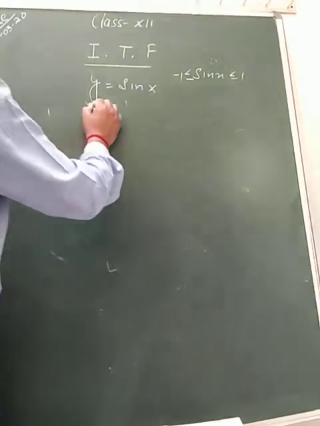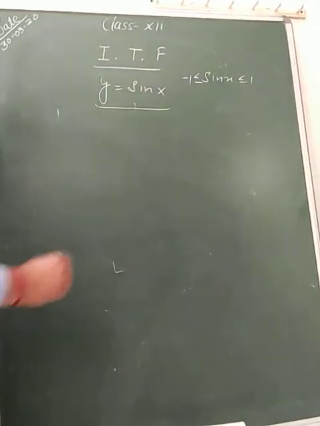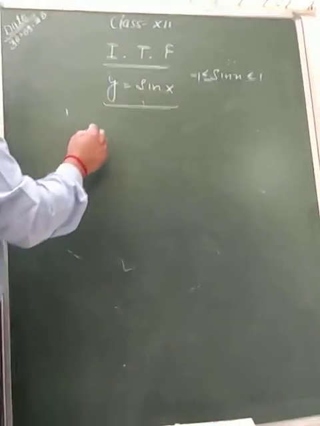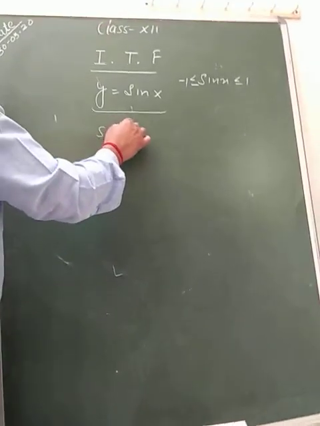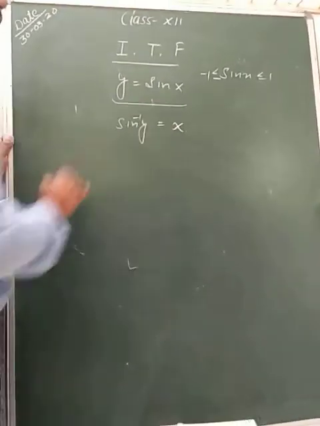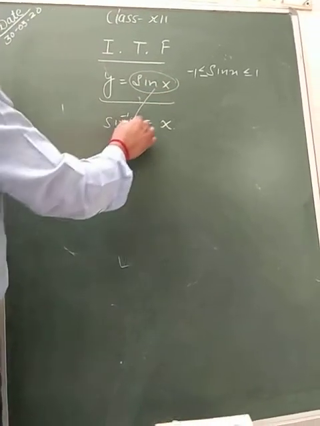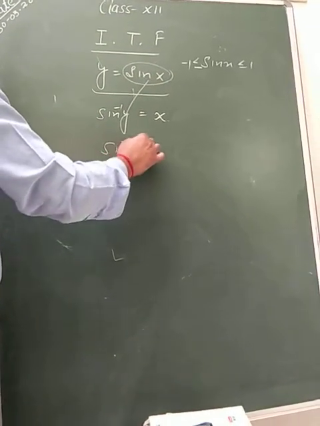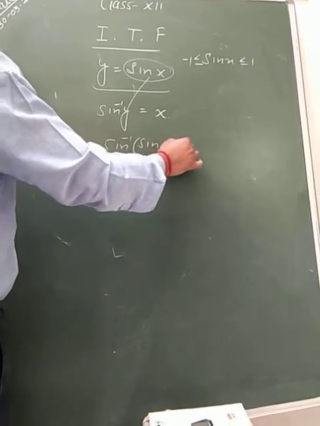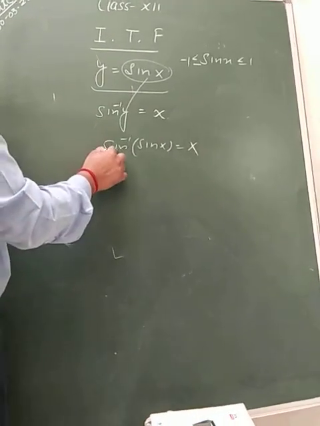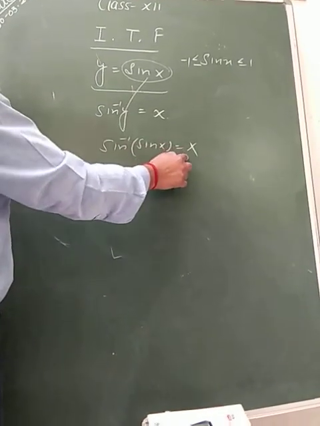If we have y is equal to sin x, then when sin comes to the left side it changes into sin inverse y is equal to x, and we replace the value of y, that is sin x. Now we can say sin inverse of sin x is equal to x.